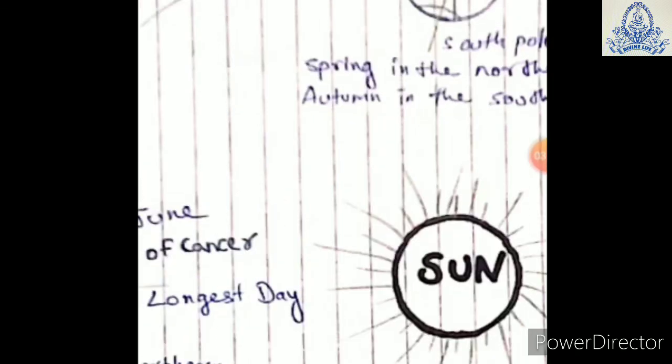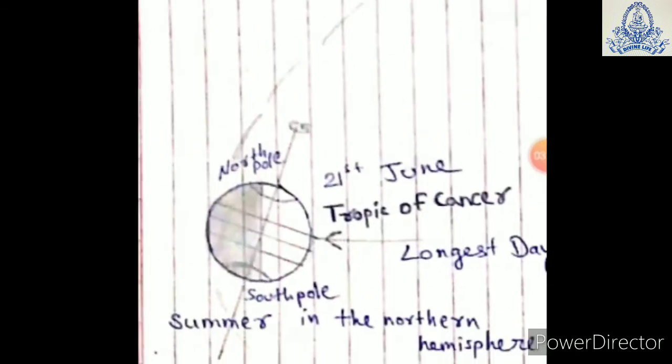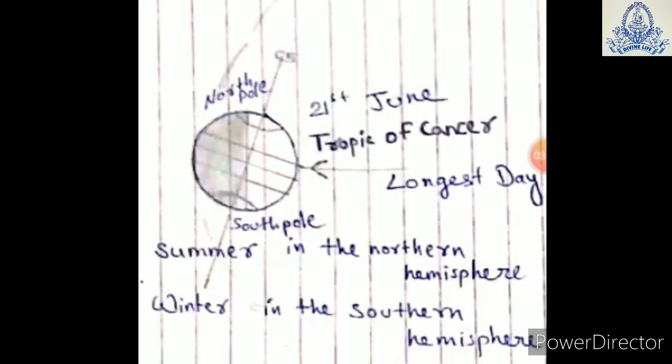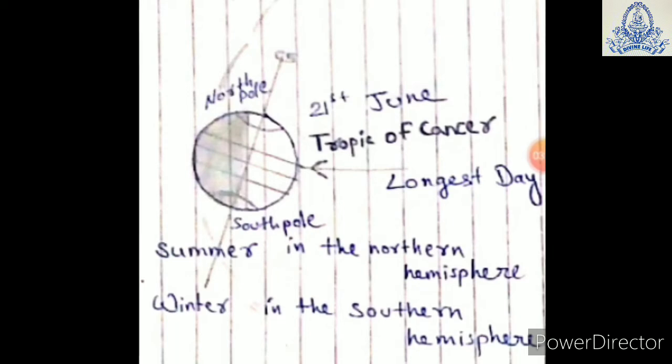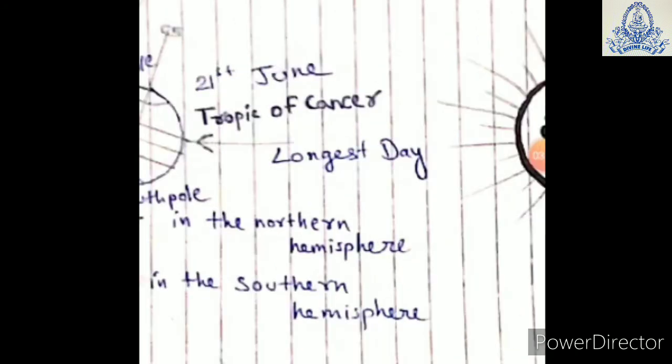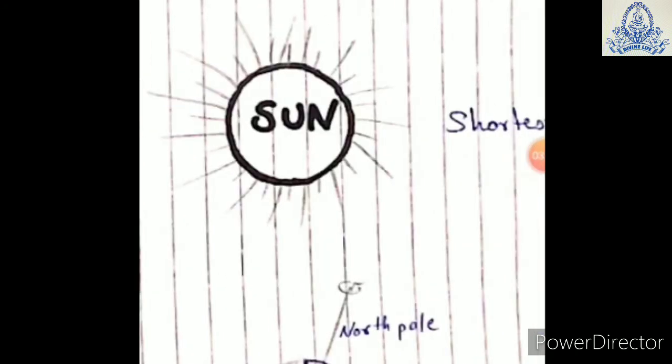And now we already discussed this picture. Here also we can know that where the light is more, the days will be long, and where the light is less, the days will be short. Okay, and now we move toward the fourth position.